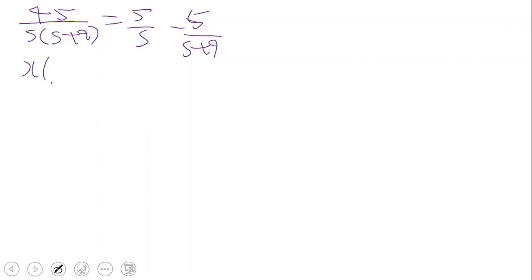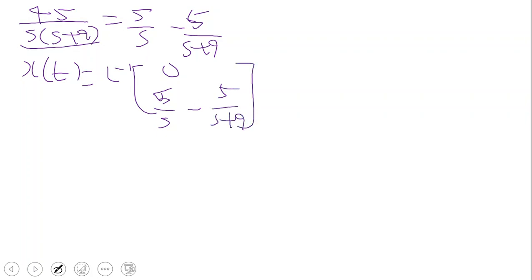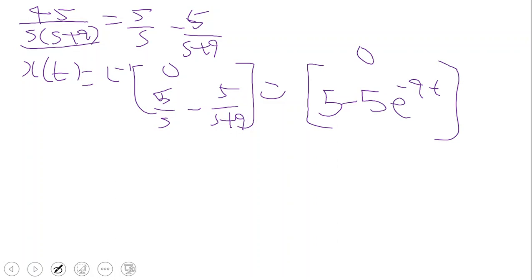Therefore x of t is L inverse of 0, and for this we have to find L inverse of 5 by s minus 5 by s plus 9, which is 0, 5 by s it is 5, 5 by s plus 9 it is minus 5 into e to the power minus 9t. Now x1 of t has come, this is your x1, this is your x2.